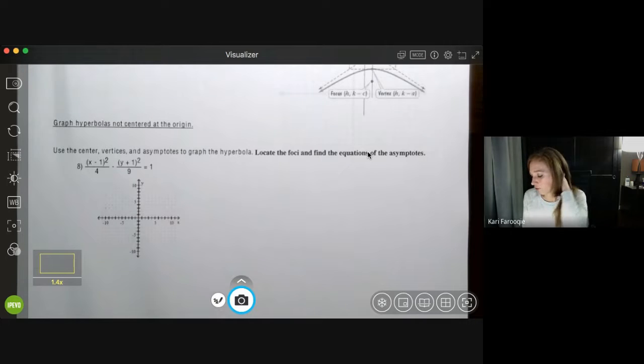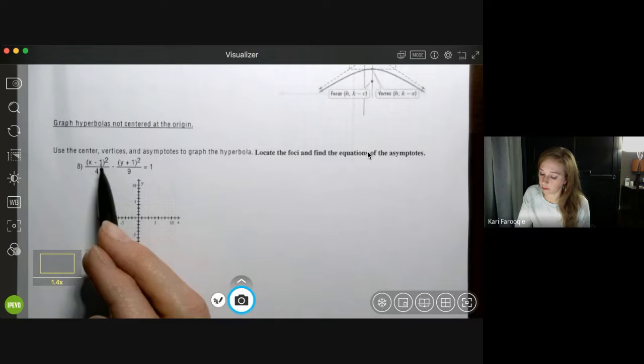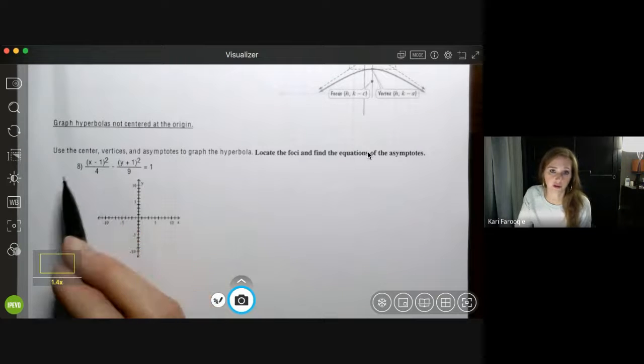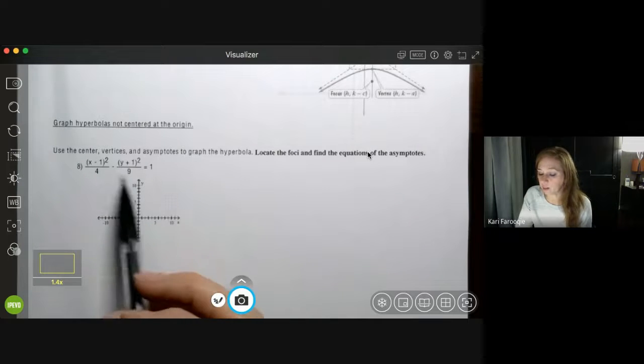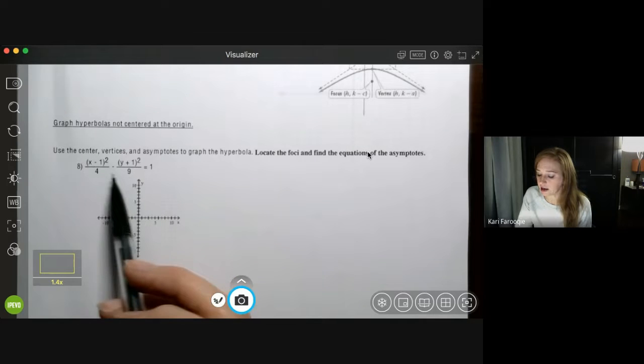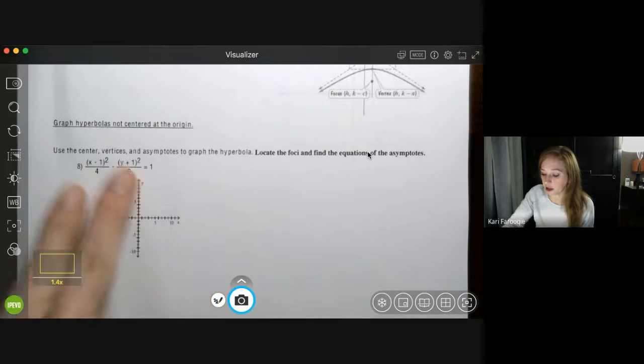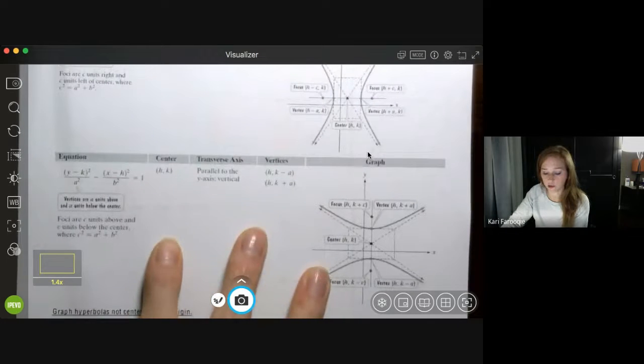Okay, first things first. Because with hyperbola, you can have the y term first before the x term, and usually with ellipses you saw the x term first, be careful and make sure that you're noting which one is H and which one's K. Now, luckily in this situation, you have X as the first term, but these could be flipped. You could have a situation like this.